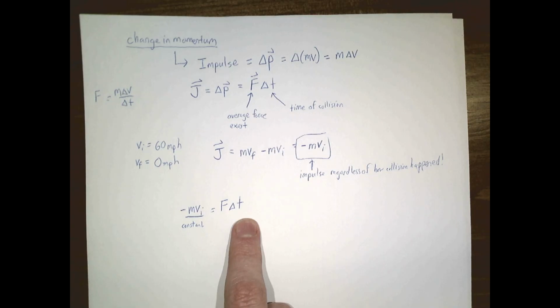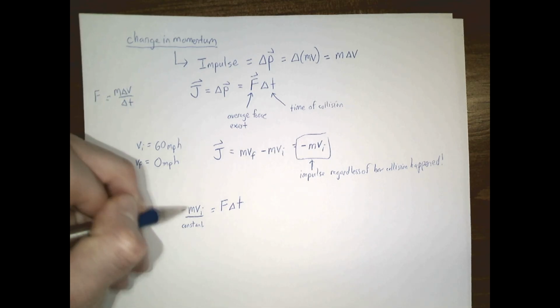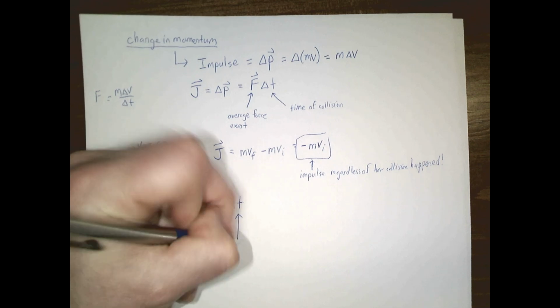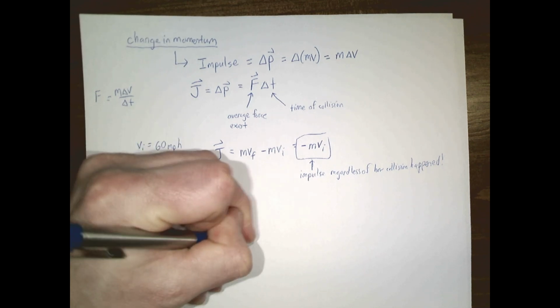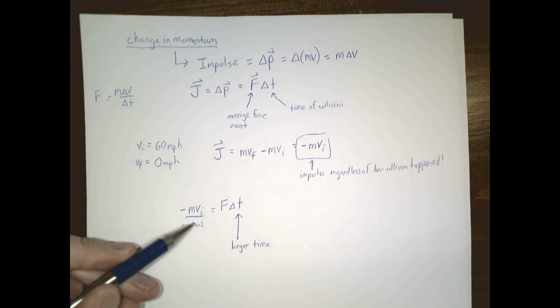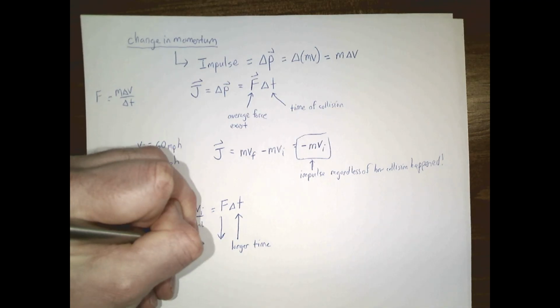Well, what does an airbag do? The airbag makes you hit a large cushion, which is going to increase the time of the collision. So if this is a constant, no matter how the collision is happening, if I can have an airbag that increases the time of the collision, larger time, well, larger time to keep this constant means that the average force you experience has to go down.